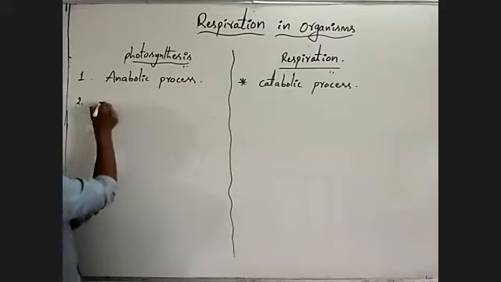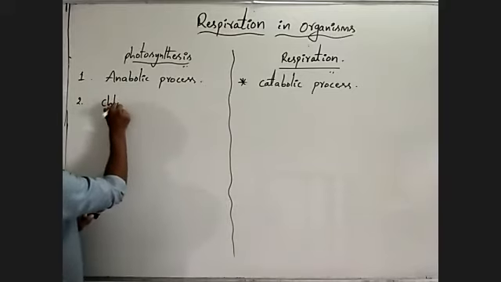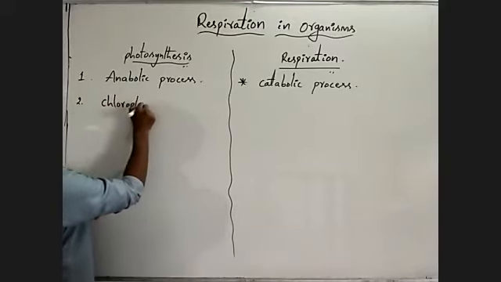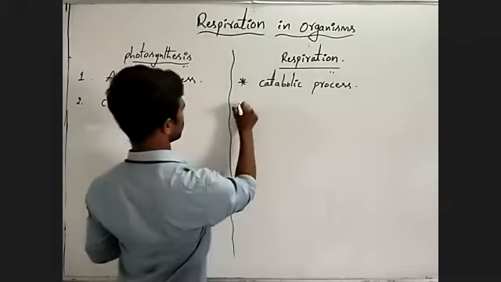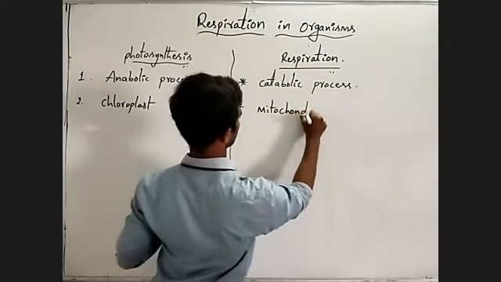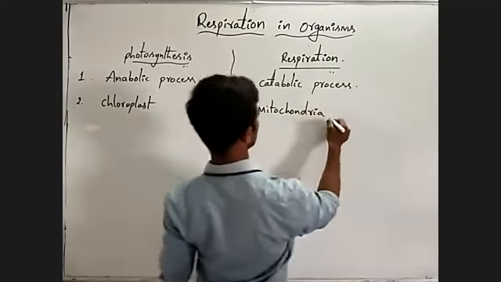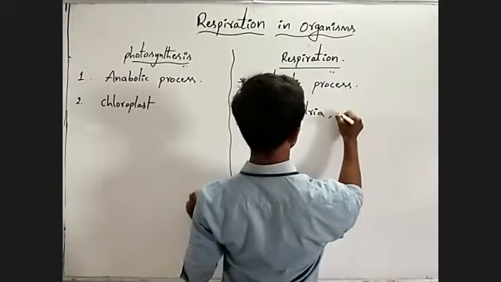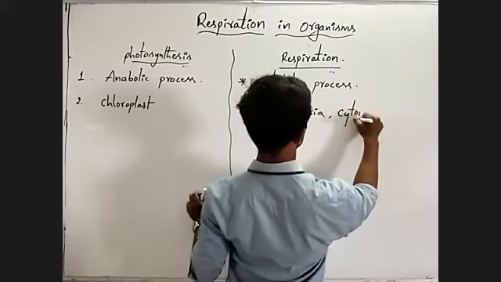The photosynthesis process occurs in the chloroplast. Respiration occurs in the mitochondria and cytoplasm.